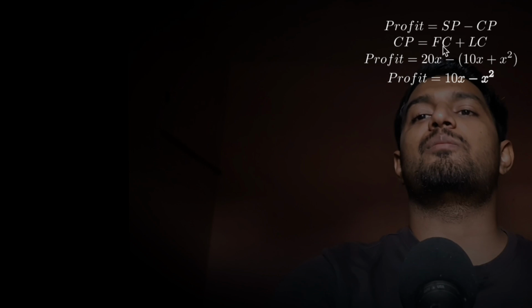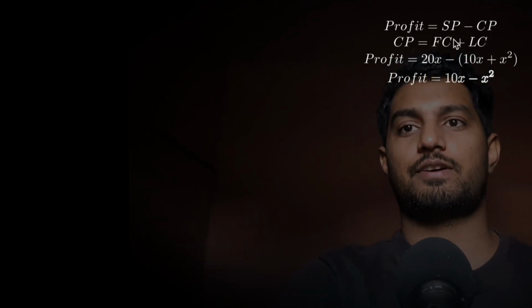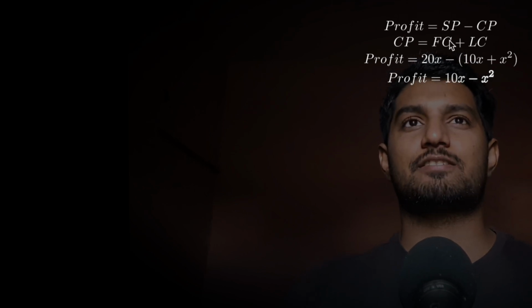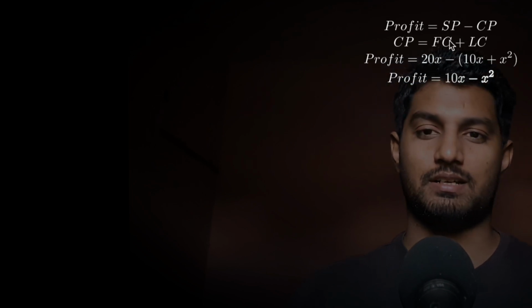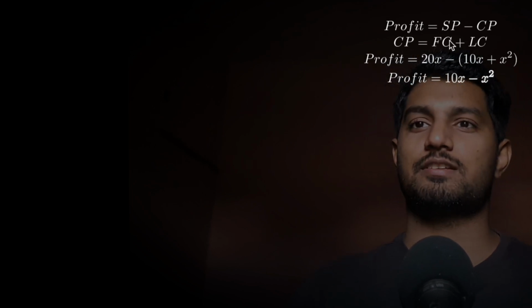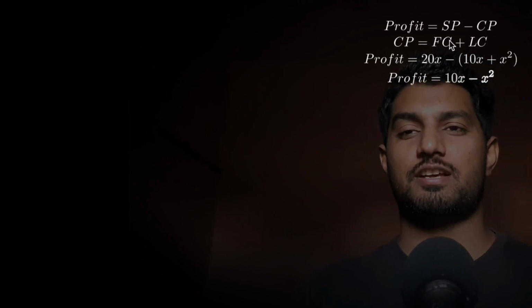There is one more formula: cost price can be divided into two things. One is called fixed cost, just like the fixed cost of your mobile recharge or internet recharge. Per month you have to pay this much money. Then there is a labor cost, or variable cost, which changes.